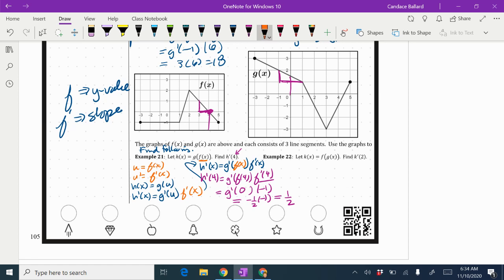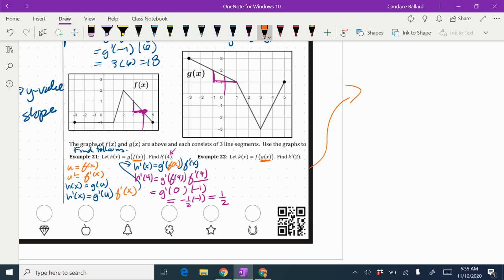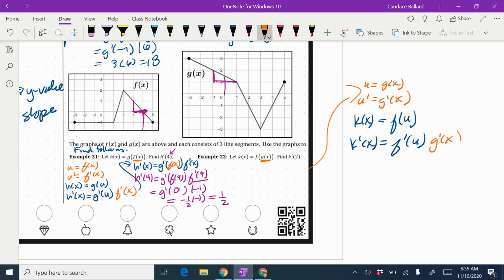All right, let's try this again in 22. So I'm going to have my u, and I'm going to do my work off to the side here. My u is going to be equal to g of x, meaning that my u prime is g prime of x. My new k function, k of x, equals f of u, and then I'm going to take the derivative of k of x, which means we do the derivative of the outside, and then we multiply by the derivative of the inside.